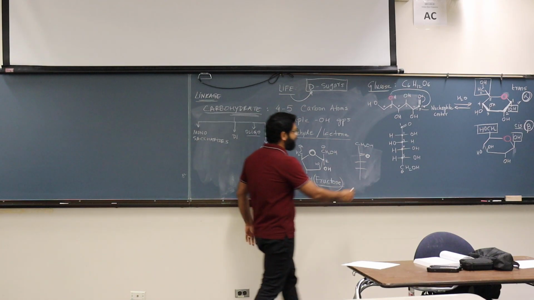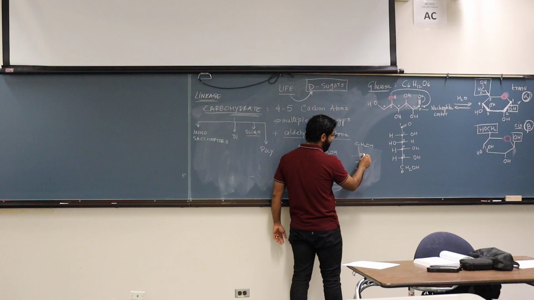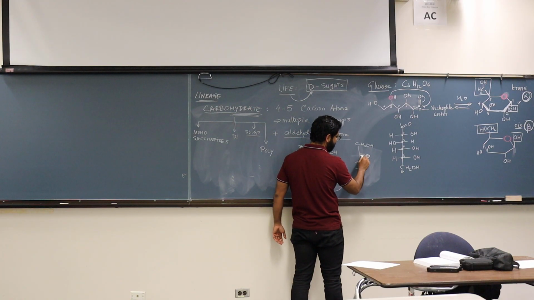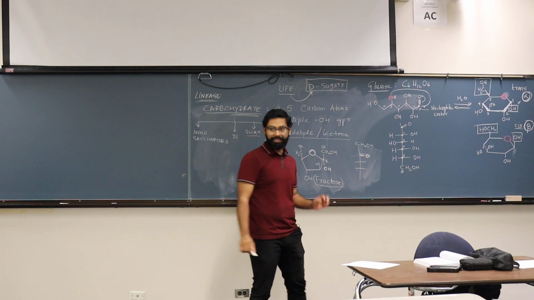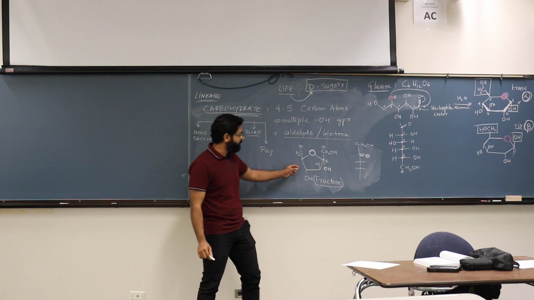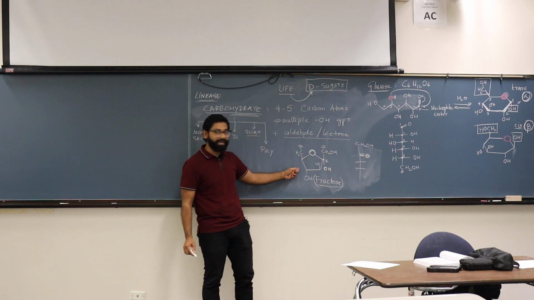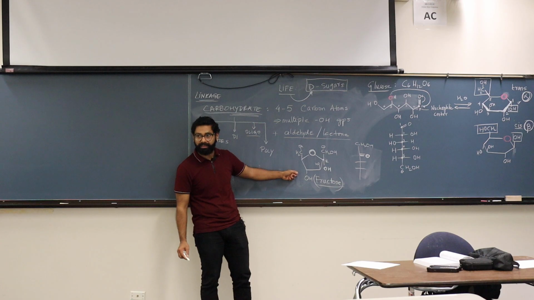So imagine that this entire thing remains the same, except that this second carbon becomes the seat of attack, and that's the difference between this and this. Because the attack happened on this carbon, which is a ketone, you ended up getting a 5-membered ring here.